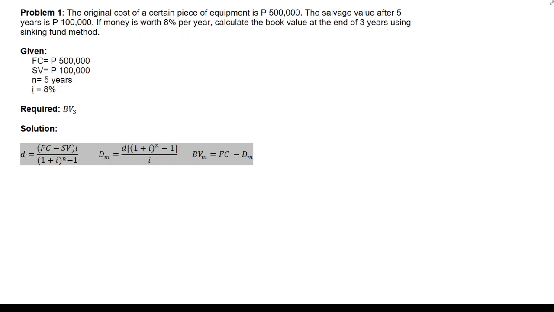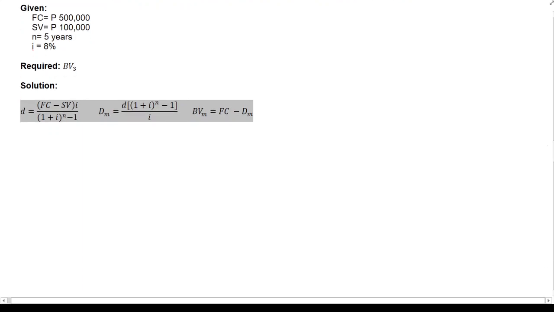So we are required to get the book value at the end of 3 years again. Using the formula, the depreciation is equal to first cost minus salvage value multiplied by the interest rate, and then divided by 1 plus interest rate raised to the useful life minus 1.